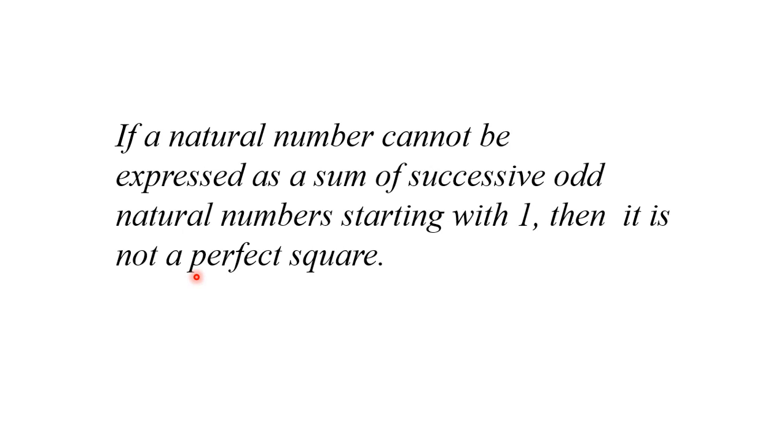So we have to write 7 odd numbers for 49. If it is possible to express this, we can say the given number is a perfect square number. And if it is not possible to write any number as the sum of successive odd numbers, it cannot be a perfect square.